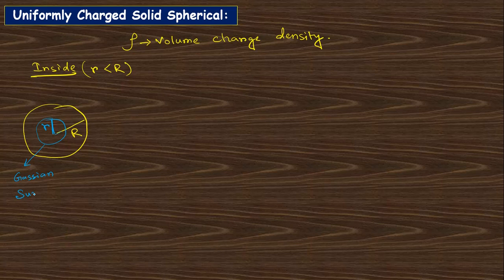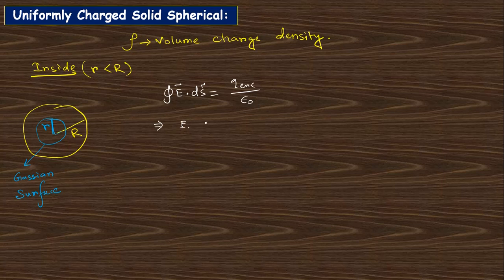So by the Gauss theorem, you can write the surface integration of E dot ds is nothing but q enclosed by epsilon naught.